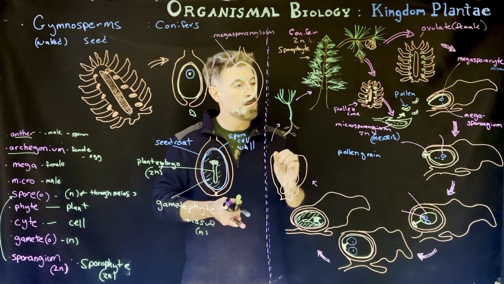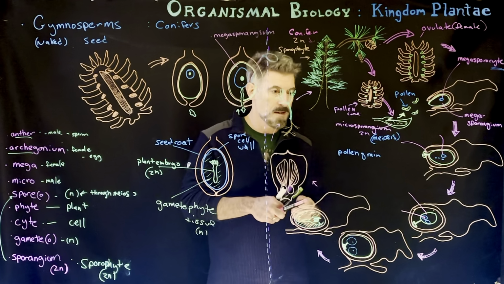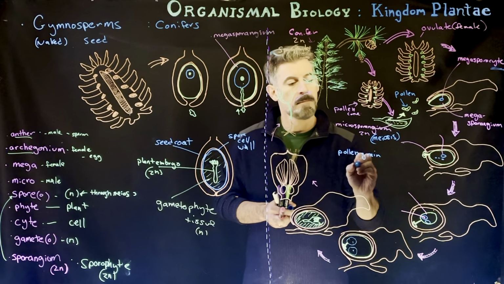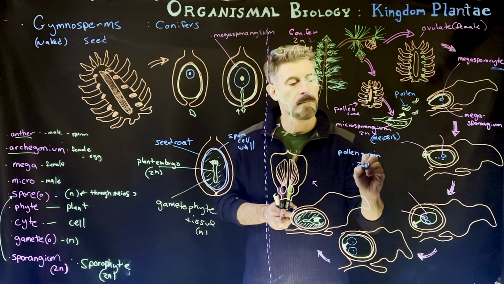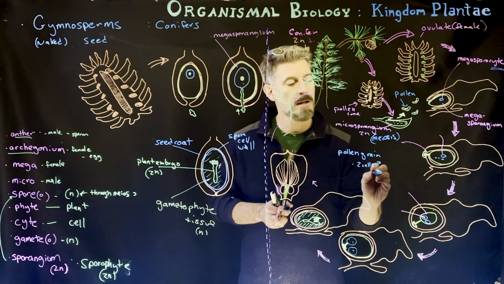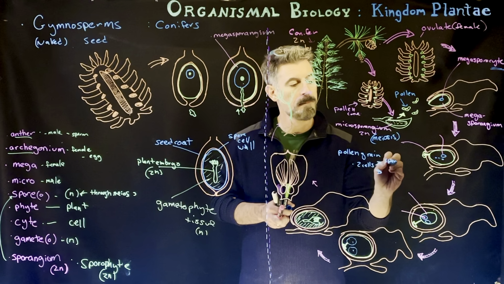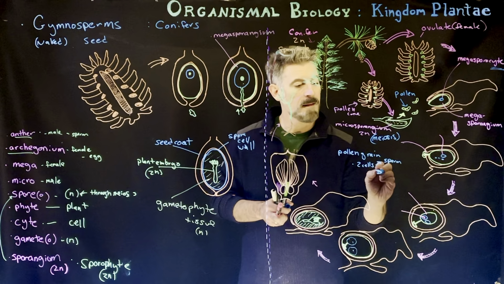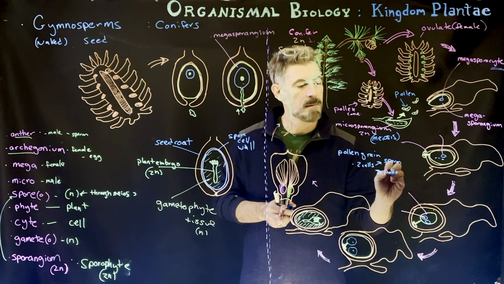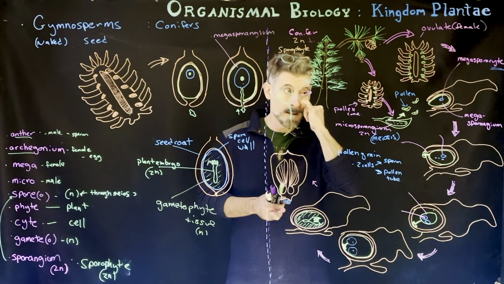Inside the pollen grain are really going to be 2 main cells that we're going to follow more of their fate. One is what will become the sperm, and the other will become the pollen tube, which we'll get into in a second.